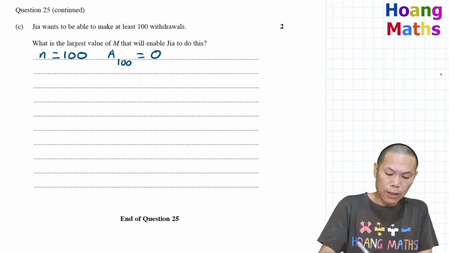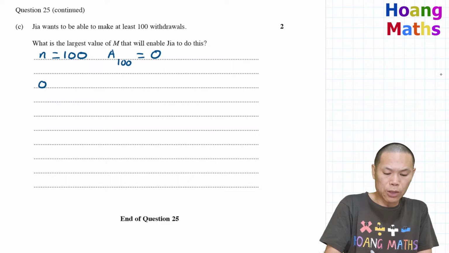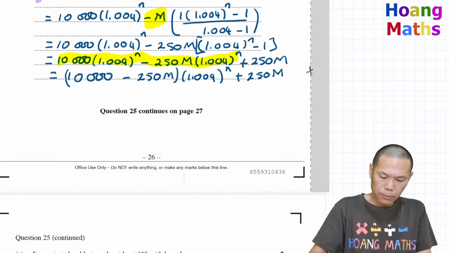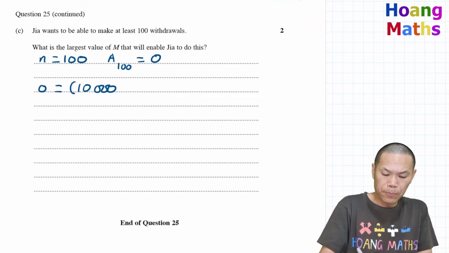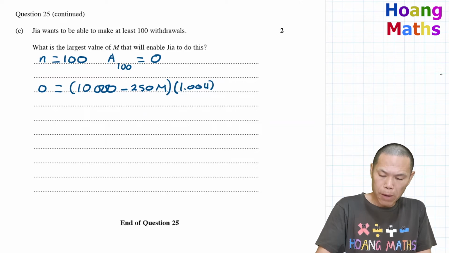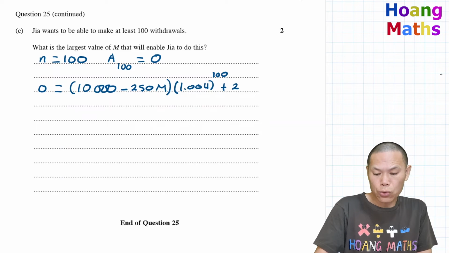So 0 is equal to 10,000 minus 250 m, times 1.004 to the power of 100, because n is 100, and we add 250 m.